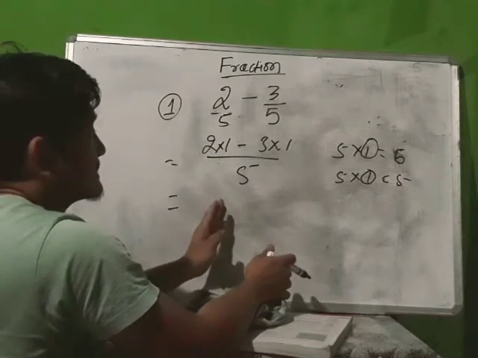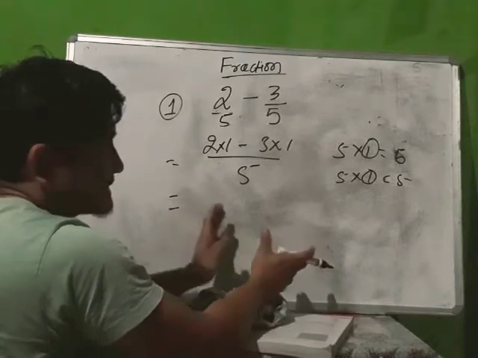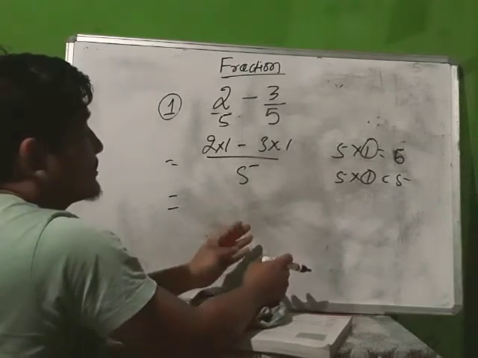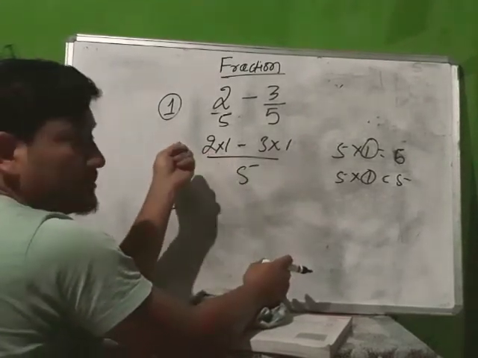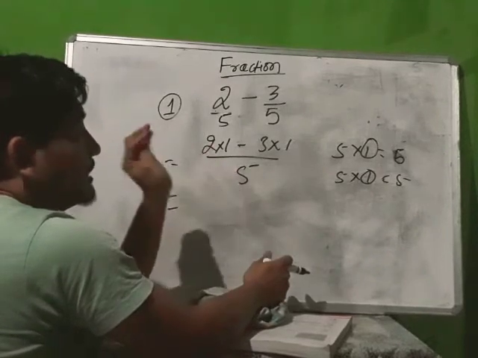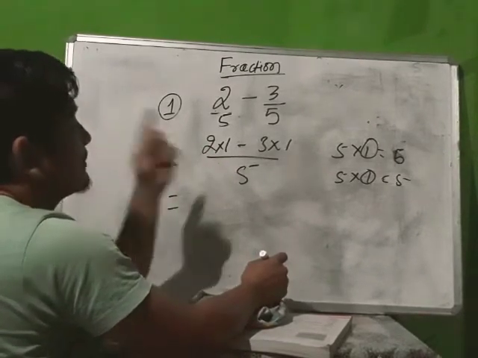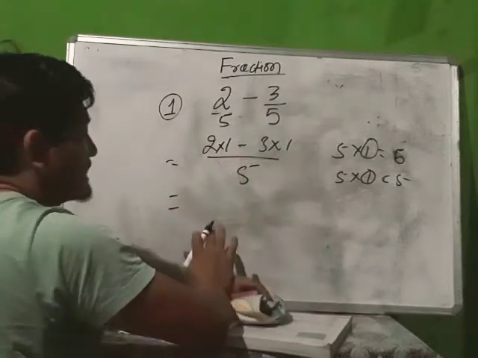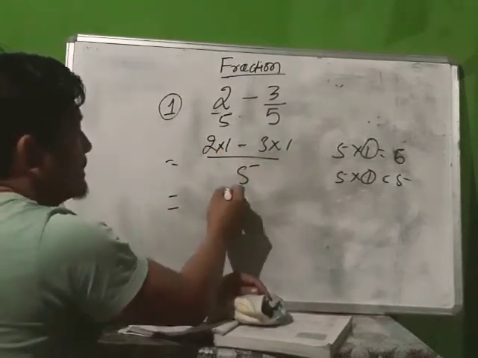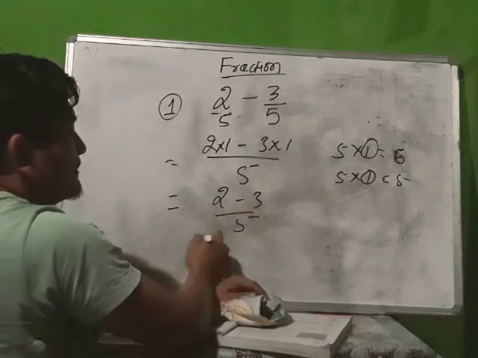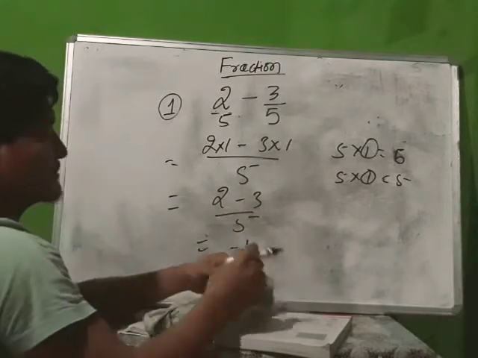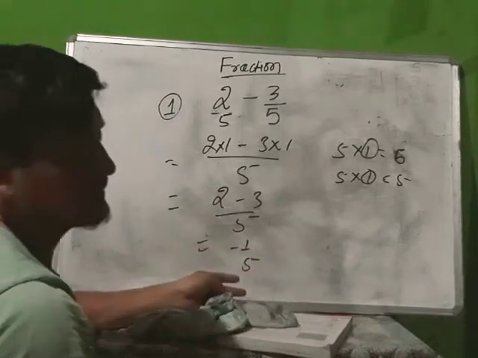So your answer will come a little bit faster compared to the question that you have done in question number 1. Here if you want to use 1 and 1, you can, but it is not necessary. You can just go with 2 minus 3 by 5 and you can get the answer minus 1 by 5. Whatever answer you get, that will be the same answer.